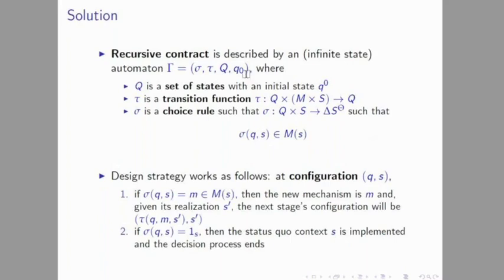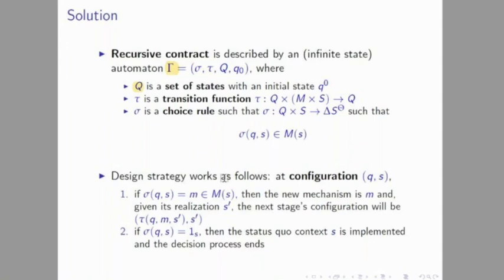An automaton, called gamma, is a tuple consisting of 4 elements, where Q, capital Q, is a set of states. The state is part of the contract.